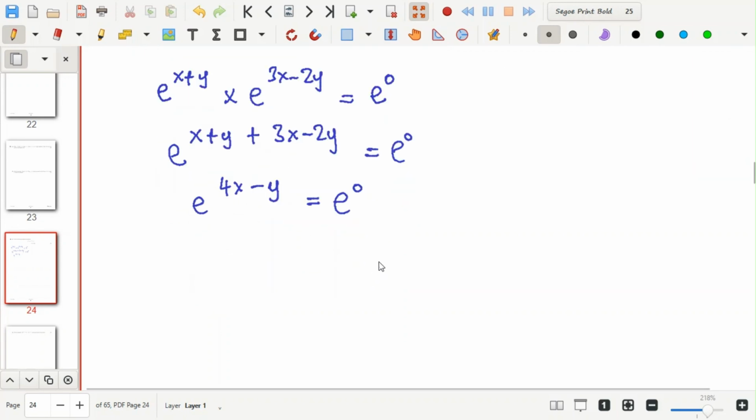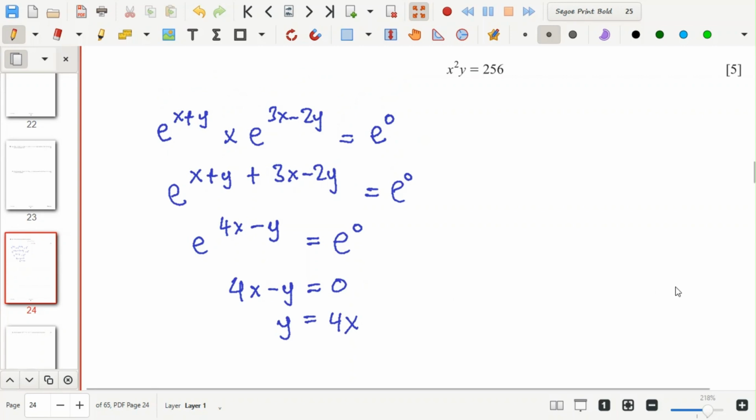So when the bases are the same, you can equate the exponent. So y is equal to 4x. Okay, so I can say this is equation 1.